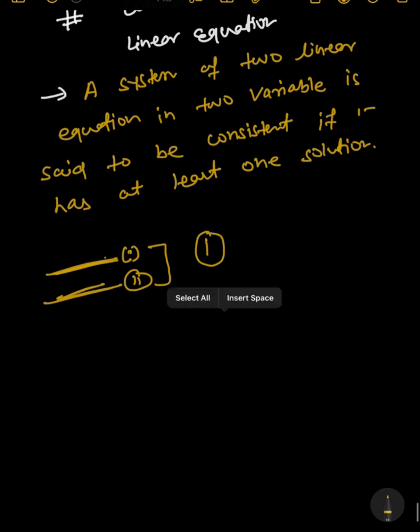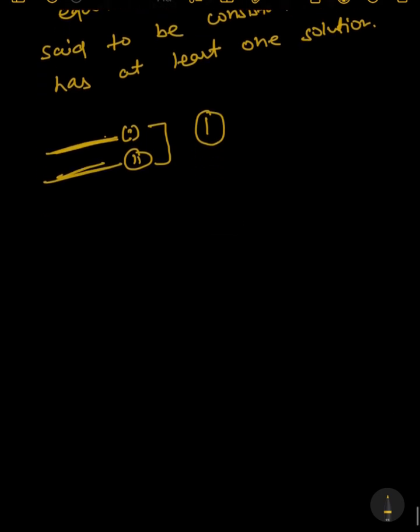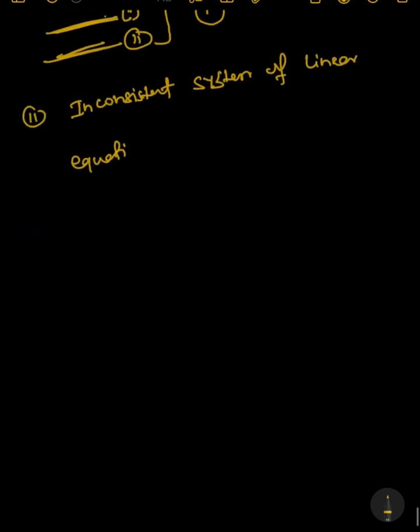And second one is inconsistent system, just the opposite. Inconsistent system of linear equation. Then what will be the definition in this?